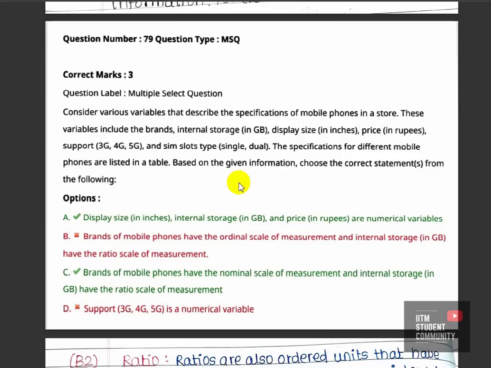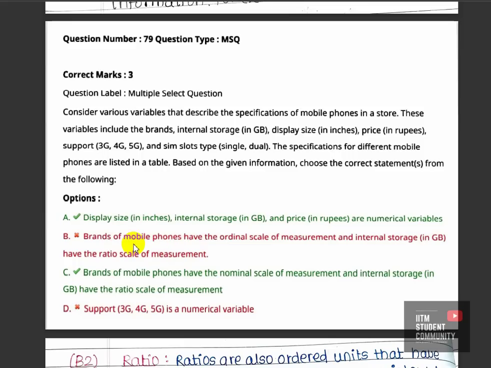Now option number 1 says display size, internal storage, and price are numerical variables. We just now saw what is a numerical variable. It is basically quantitative data. Display size is measured in inches. Internal storage is also a numerical one. We have 32 GB, 64 GB, 128 GB, and so on. And price in rupees is also a quantitative variable. Hence option A is correct.